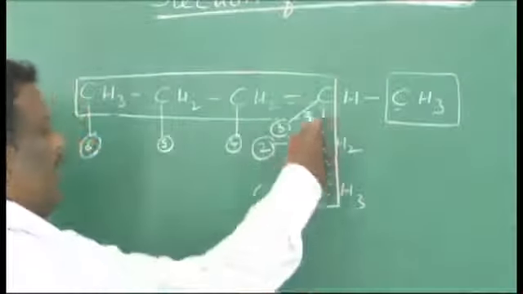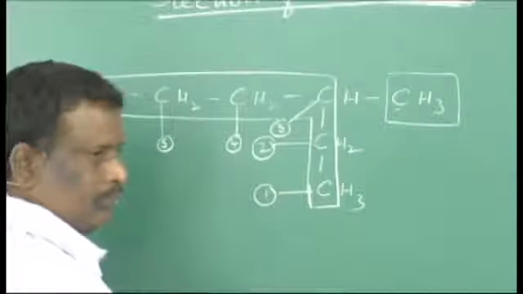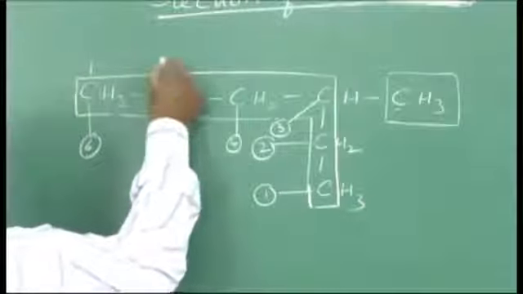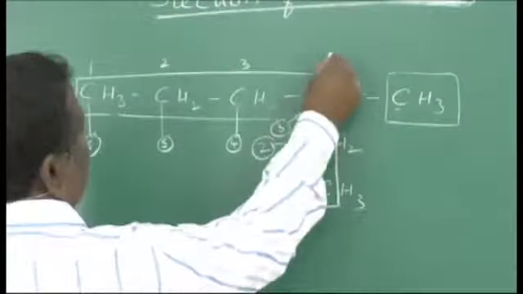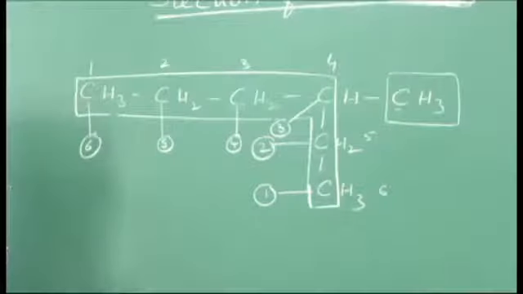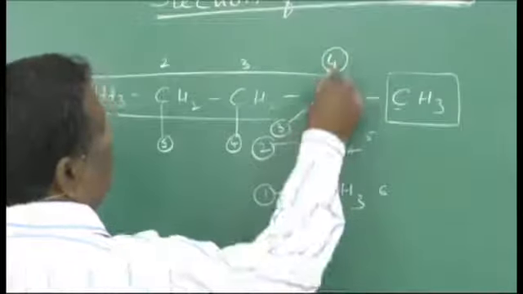So if I number like this, this methyl group is present on the third carbon. If I number these carbons from the other side, 1, 2, 3, 4, 5, 6, there is no change in the total number, but here the substituent is on the fourth carbon.